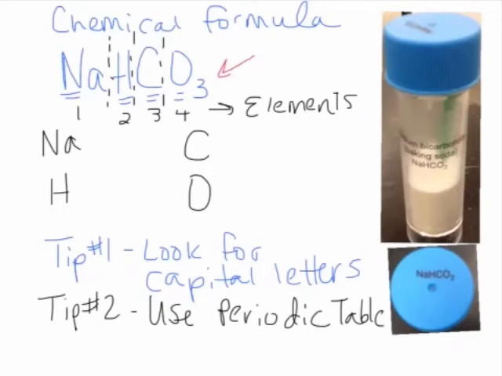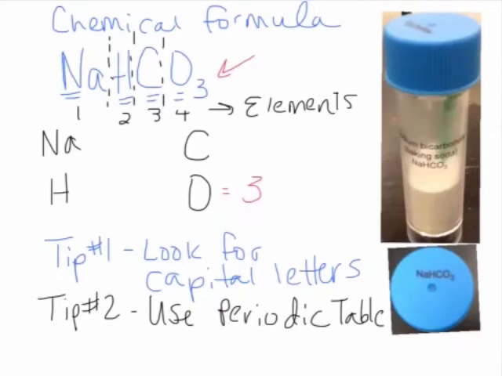And so when we look for numbers, that tells us how many of the elements are part of that substance. And so when I see the number 3, that tells me that there are 3 oxygens that are part of making up sodium bicarbonate.